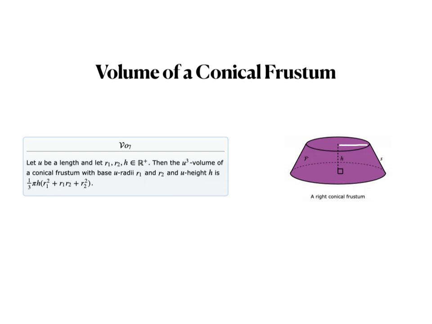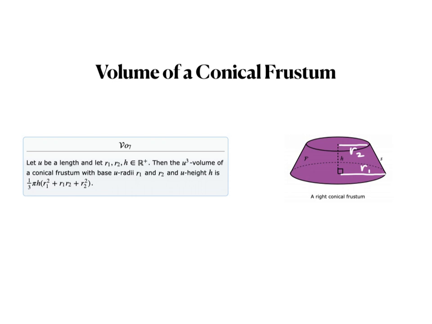This would be R2. Hold on a second, I don't like where I drew it. R2, and this would be R1. And quite honestly, it doesn't matter which one we call R1 and which one we call R2. But that's the formula for the volume of a conical frustum. It's nice to know the formula, and it's much faster.